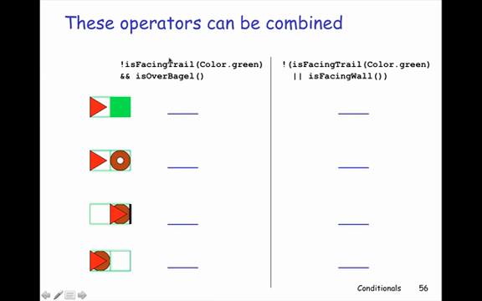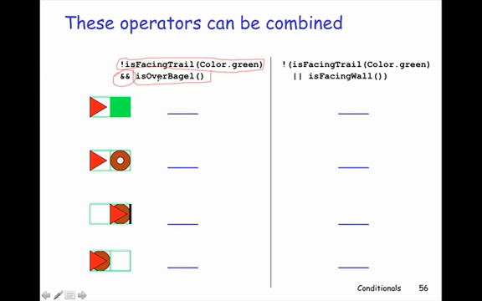These operators can be combined in arbitrary ways. Let's consider some examples. Our first example is this, in which we are combining the not of is facing trail color green with the is over bagel with the and operator. Now note that the not binds more tightly than the and.